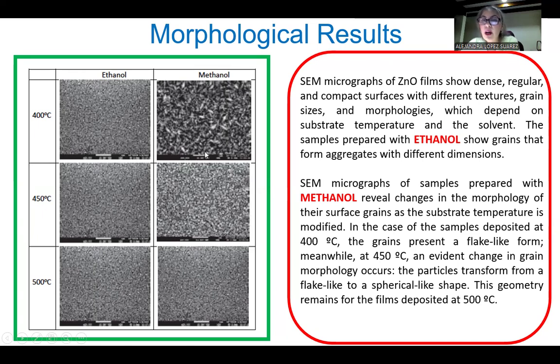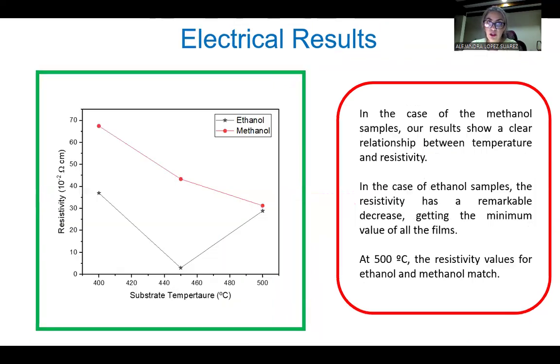Also, the micrographs show films that are dense, regular, compact. They have different textures, of course, different grain size and different morphologies. And we see that they depend on substrate temperature and on the solvent used.